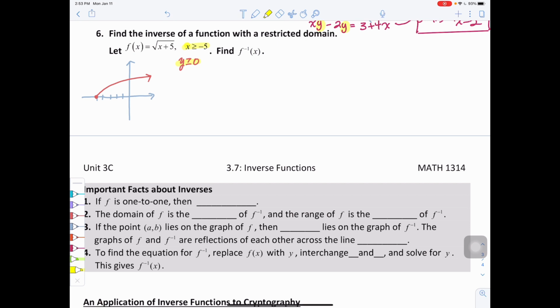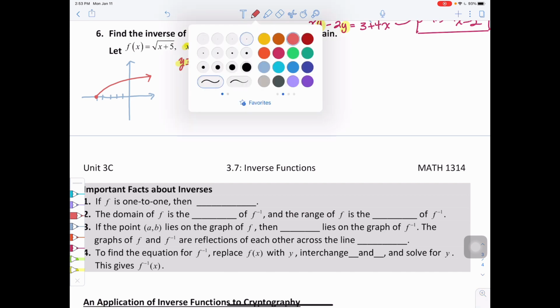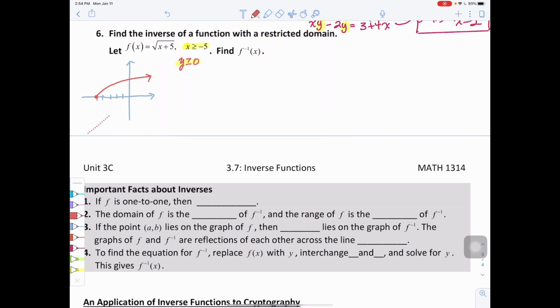And let's go ahead and take a look at f inverse of x. We might want to try to look at the graph of the inverse function as well. So let me redo that. Draw the line y equal to x.